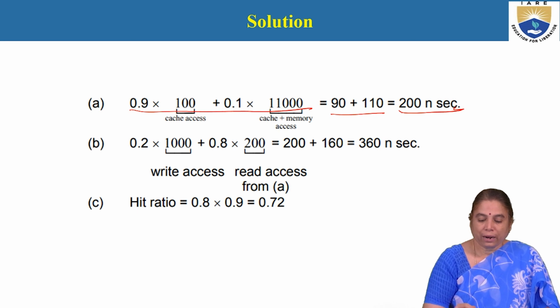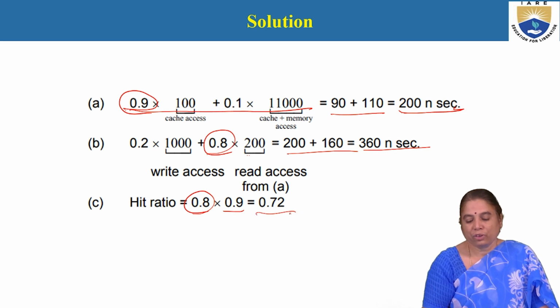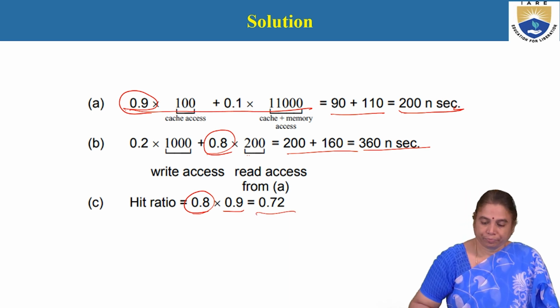To perform the read and write operations, it is 0.2 into 1000 plus 0.8 into 200 nanoseconds, the 200 being for the read cycle. So it should be 360 nanoseconds. The hit ratio is 0.8 into the cache hit of 0.9, so it is 0.72.